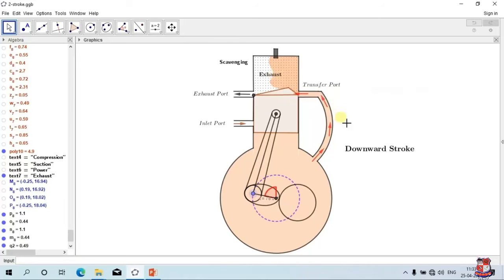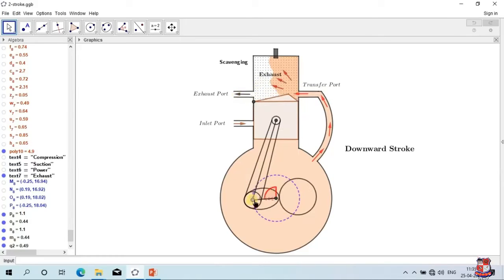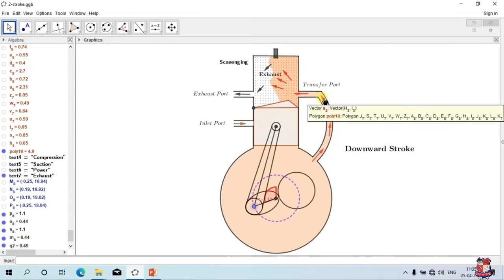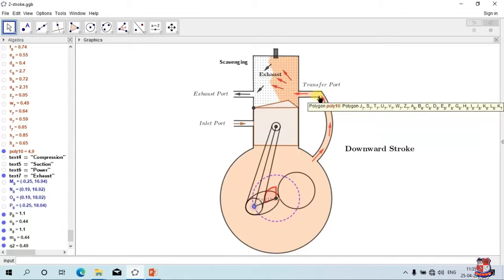So this charge is actually pushing the exhaust gases out of the cylinder. Okay. So the process of sweeping the exhaust gases out of the cylinder by the charge coming from transfer port is known as scavenging.